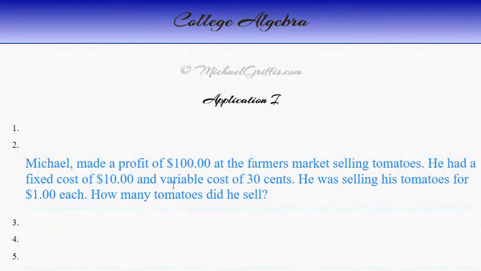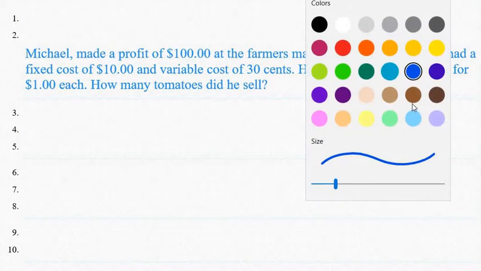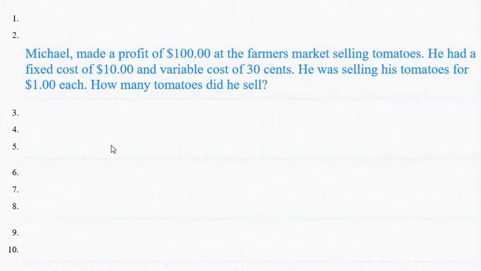Now let me say something here. This word variable cost can also be rewritten as marginal cost. All right. So what are we talking about? We're talking about writing an equation that involves profit.